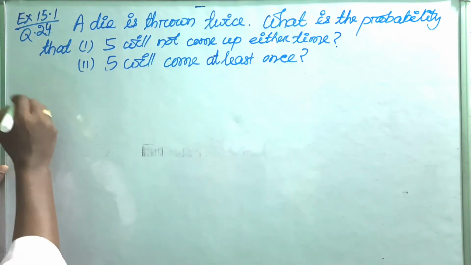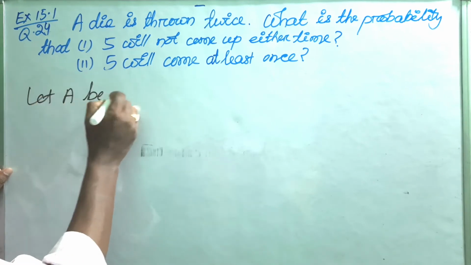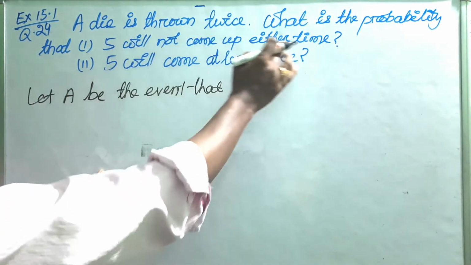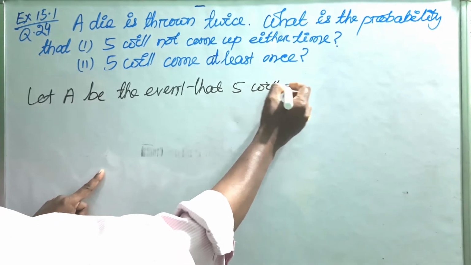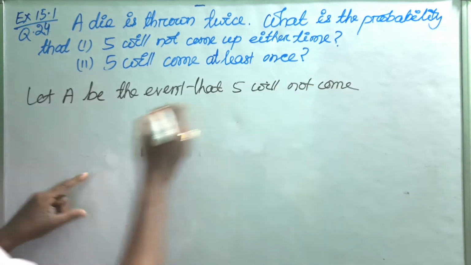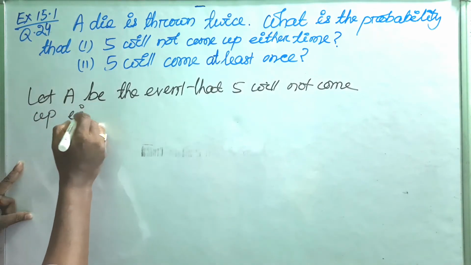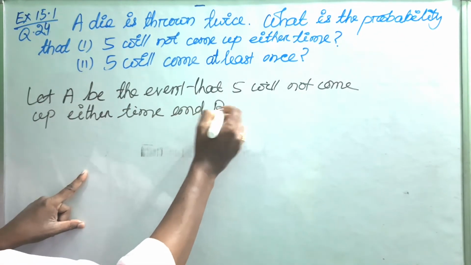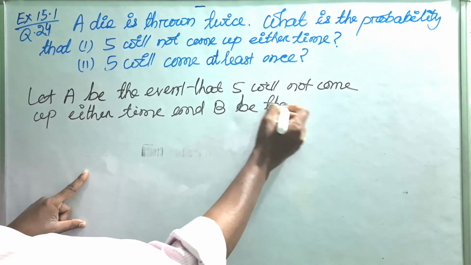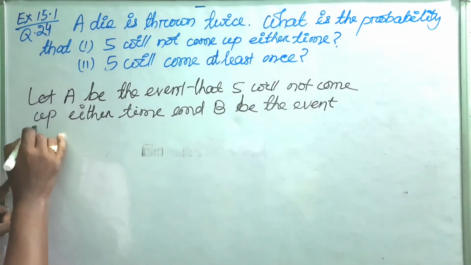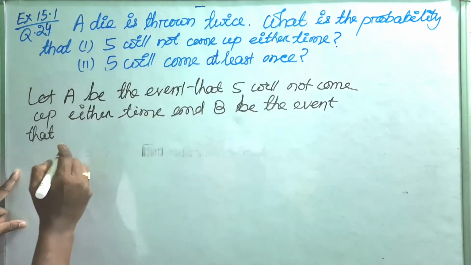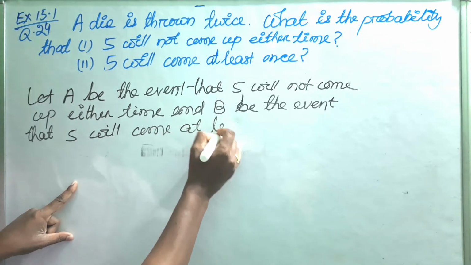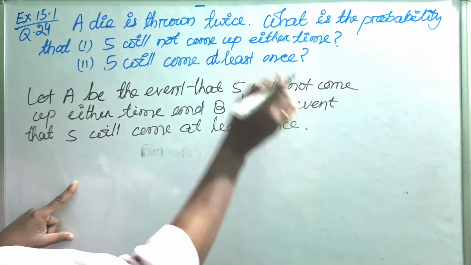Let us do it. So what we'll do first, let A be the event that 5 will not come up either time, and B be the event that 5 will come up at least once.